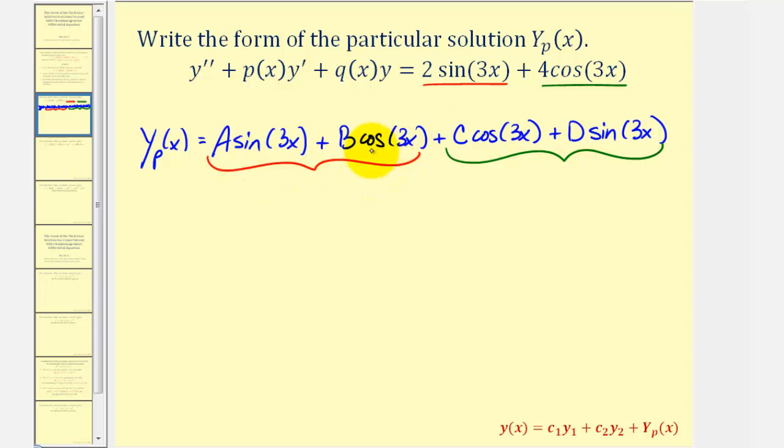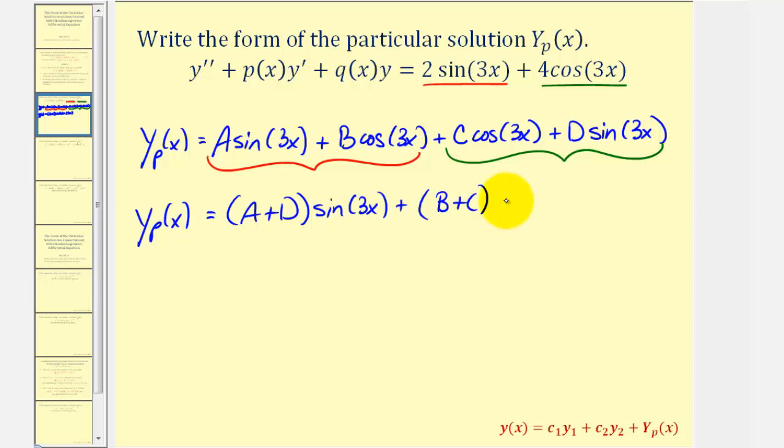Notice how we have two cosine functions and also two sine functions with the same angle. Notice how all the angles are 3x. If they weren't the same, we wouldn't be able to shorten this. So let's write this as big Y sub p of x equals, let's factor out sine 3x, leaving us with a plus d sine 3x. And then we'd have plus quantity b plus c times cosine 3x.